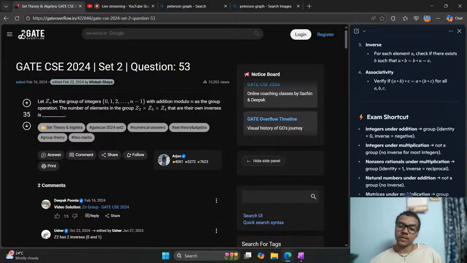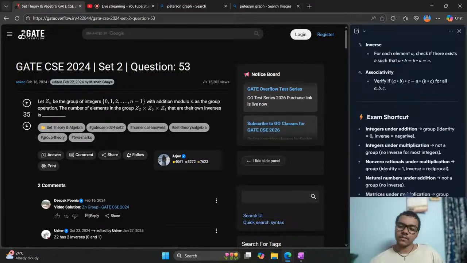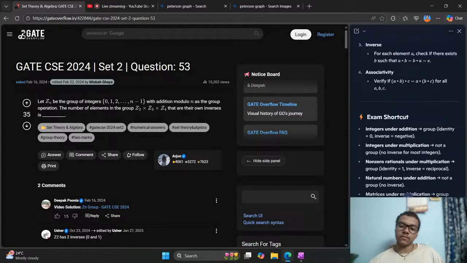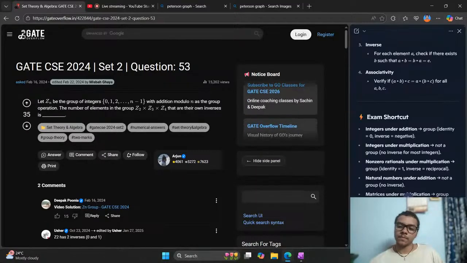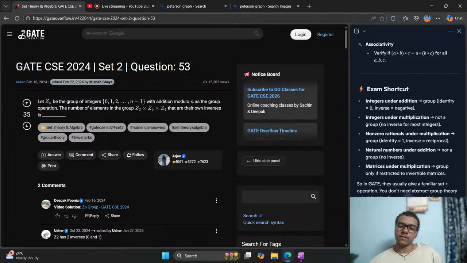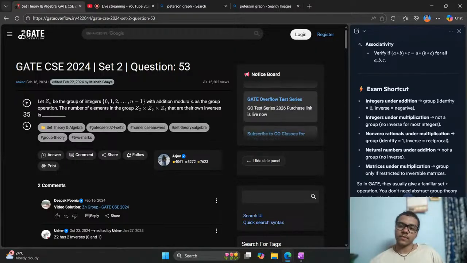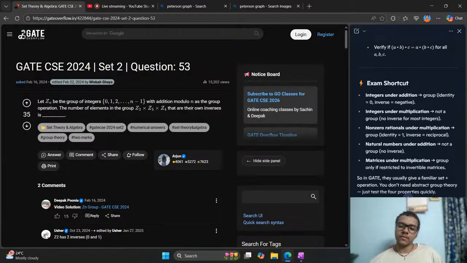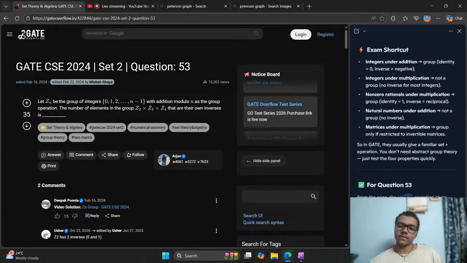Integers under multiplication. Non-zero rationals under multiplication, yes, p by q. Natural numbers under addition. Okay. Matrices under multiplication is a group because of invertible matrices.